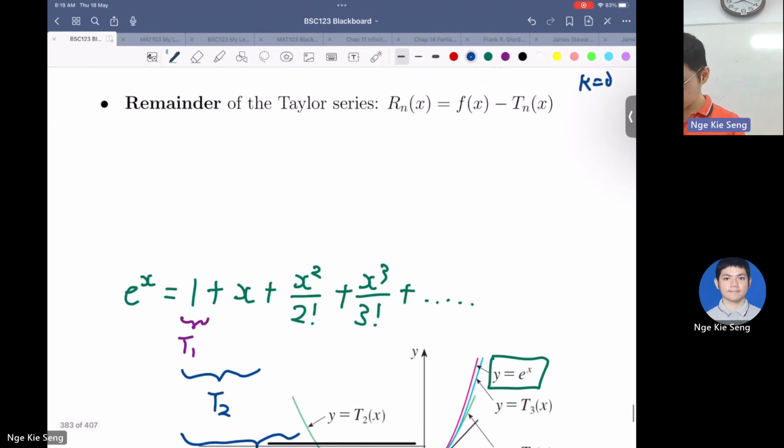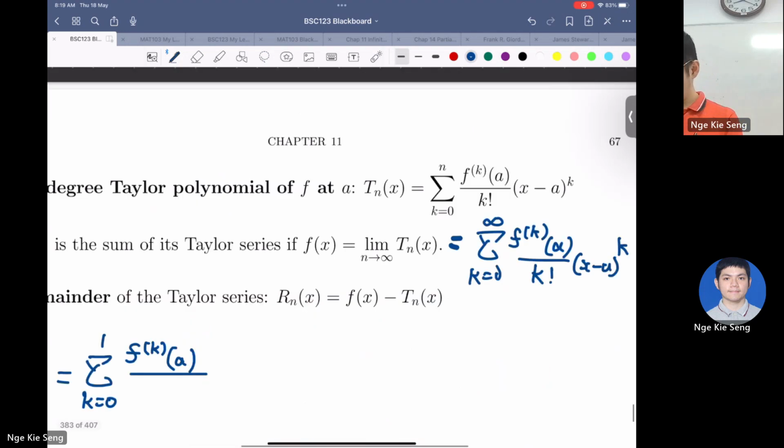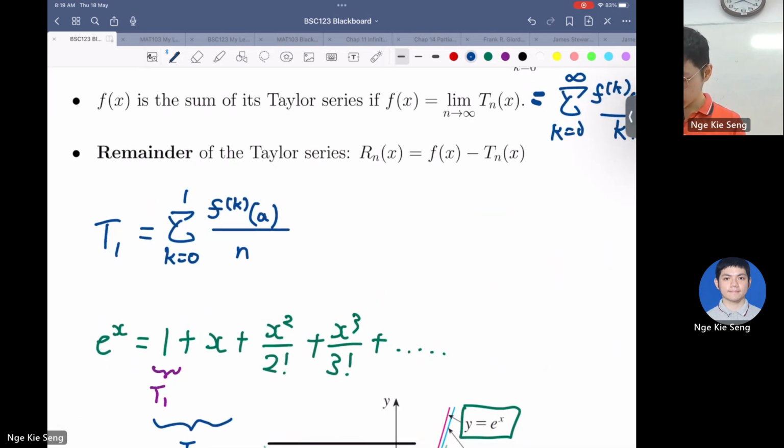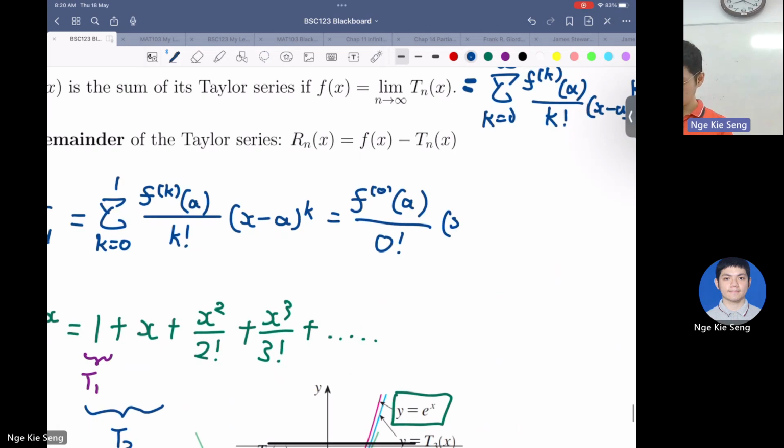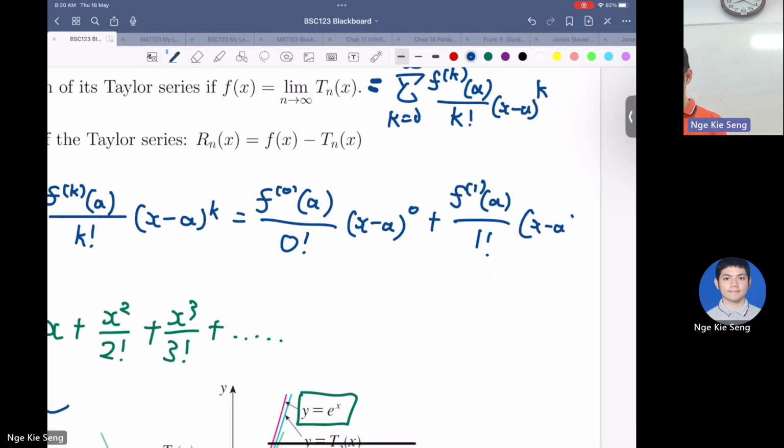Let me write down. What is T1? T1 is the sum from k equals 0 to 1 of f^(k)(a) over k factorial times (x minus a) to the k, which is f(a) over 0 factorial times (x minus a) to the 0, plus f'(a) over 1 factorial times (x minus a) to the 1.